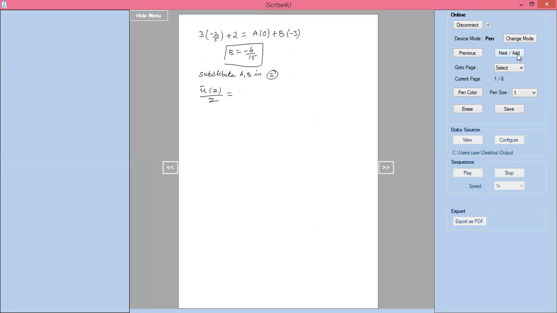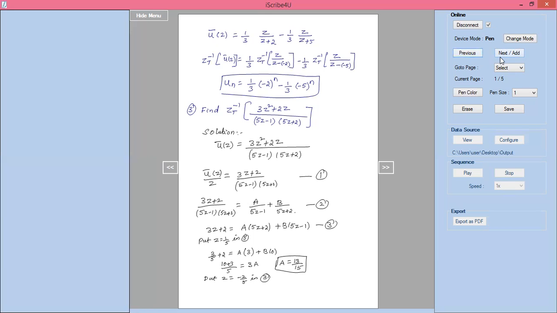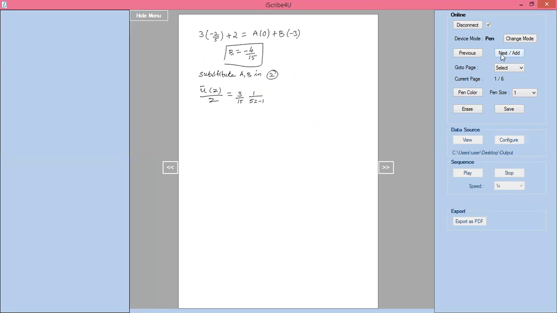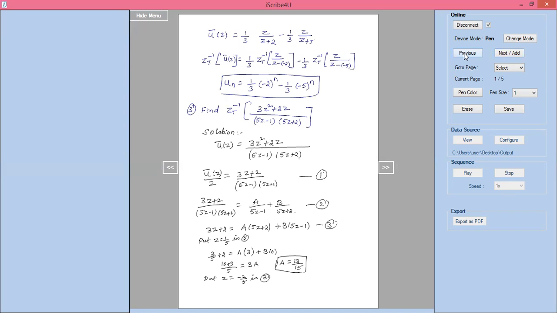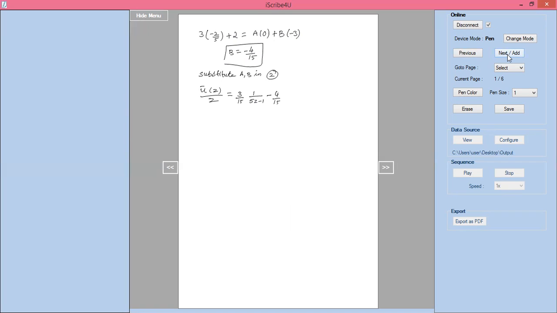3 by 15 into 1 divided by 5z minus 1, plus b, which is minus 4 by 15, into 1 divided by 5z plus 2.